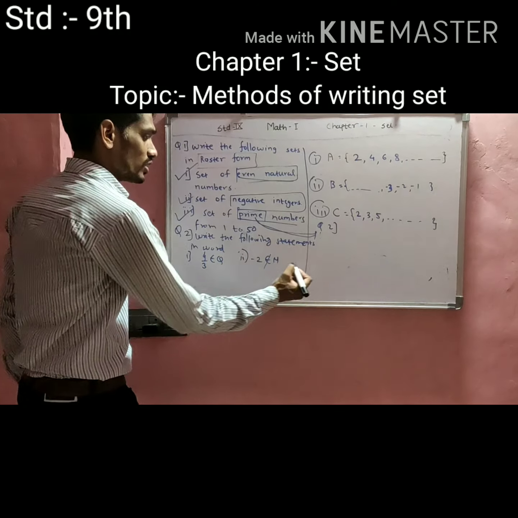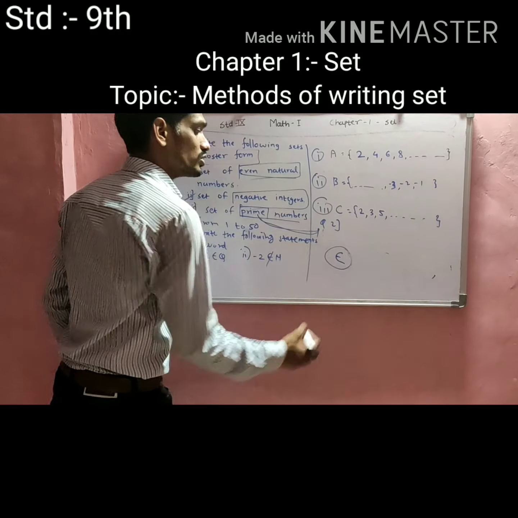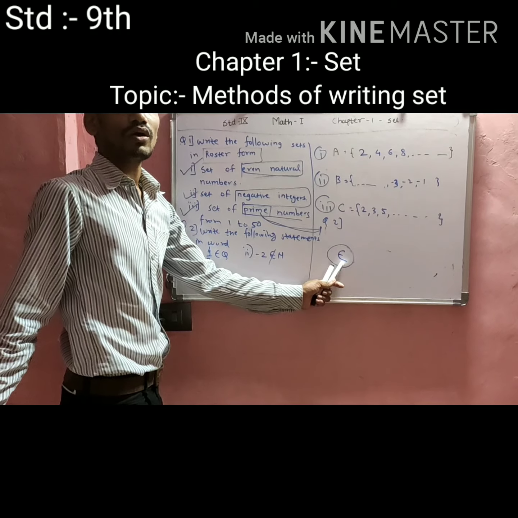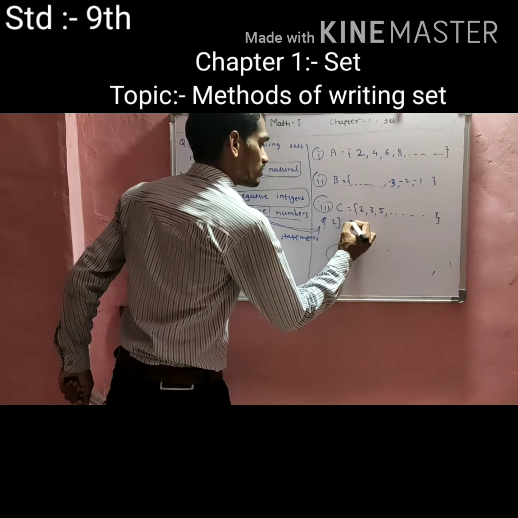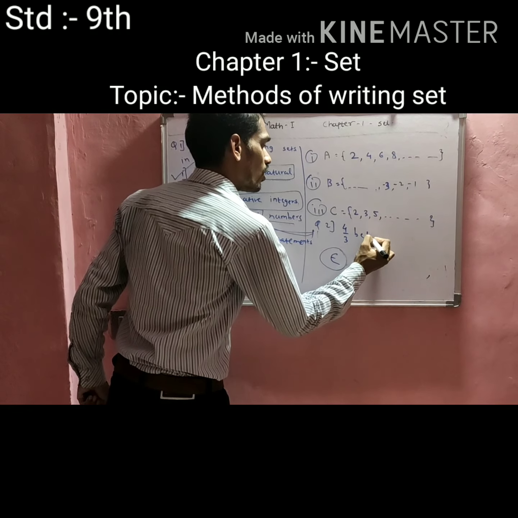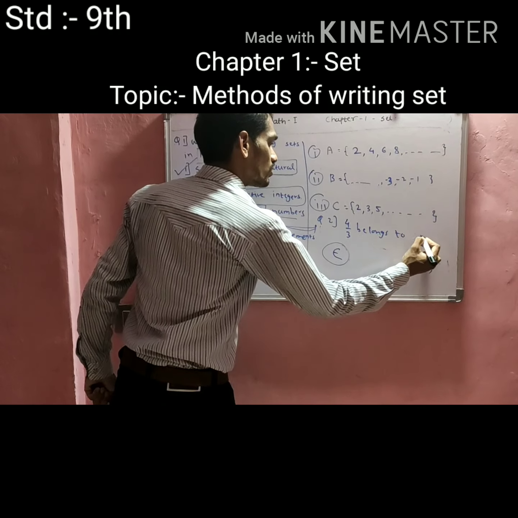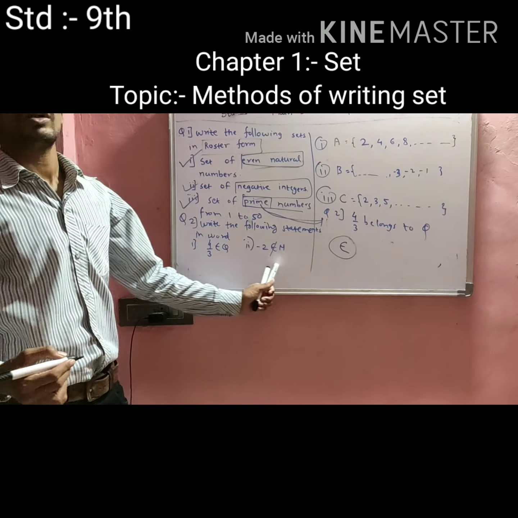The symbol ∈ represents belongs to. So 4/3 belongs to Q is how we write it in wording form.